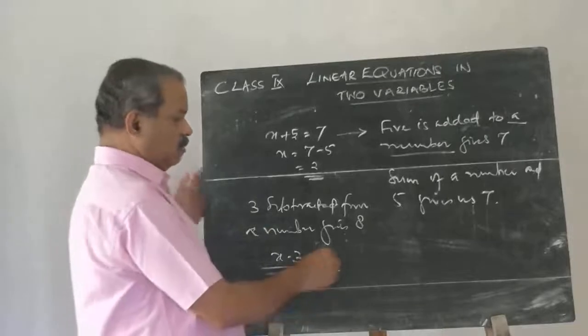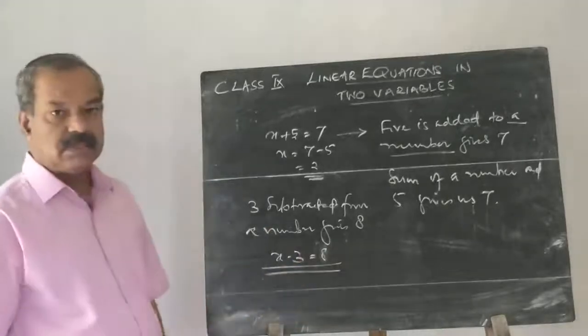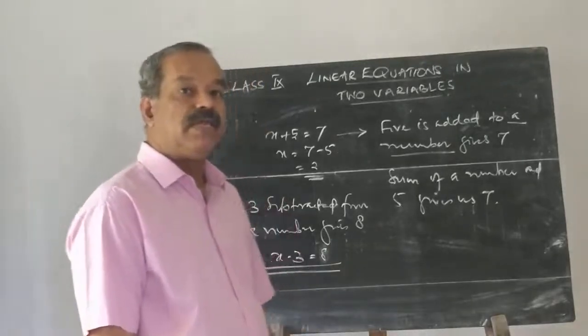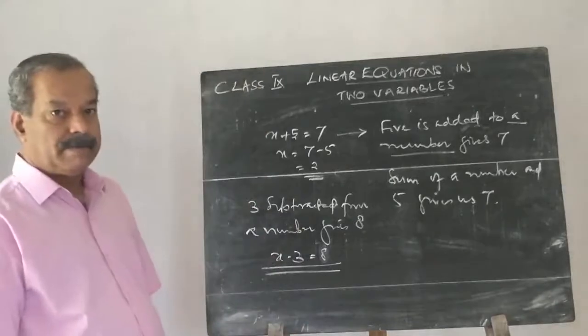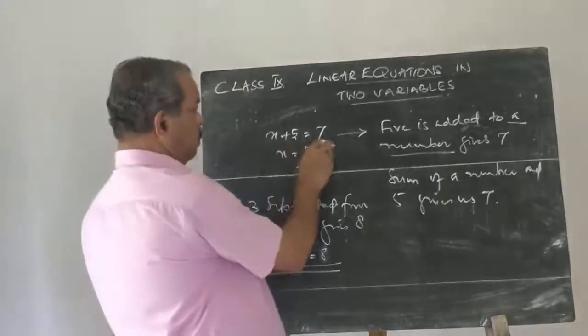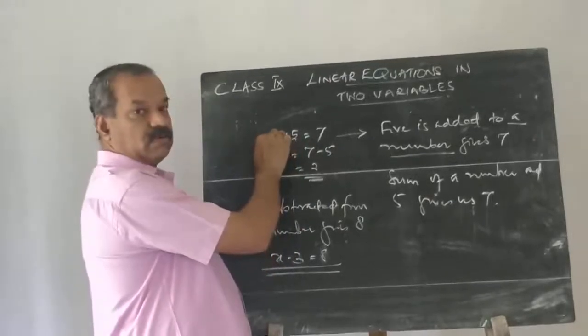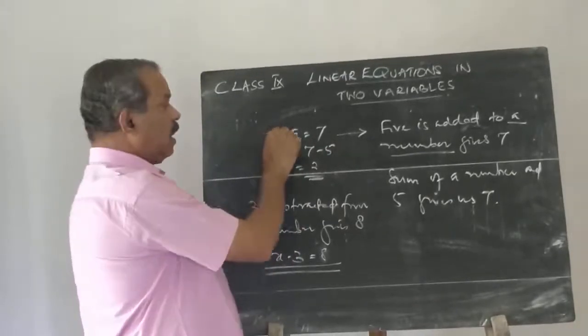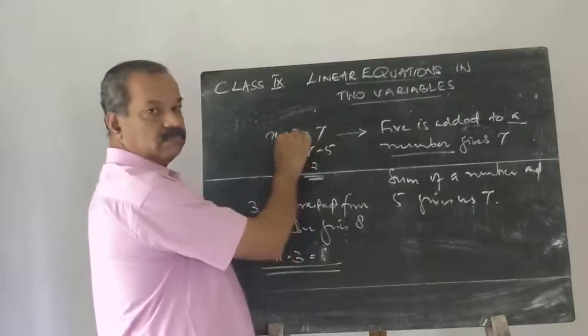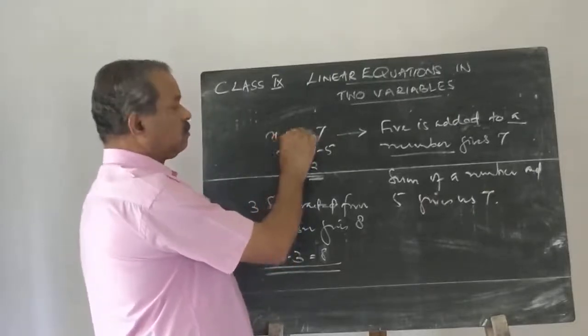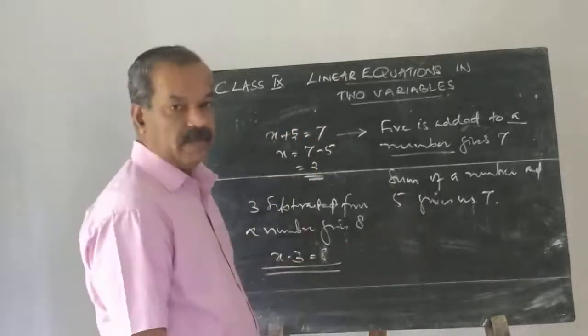We also know the standard form of a linear equation in one variable. What are the features of this equation? A term containing x or y variable and a constant term equal to a number.